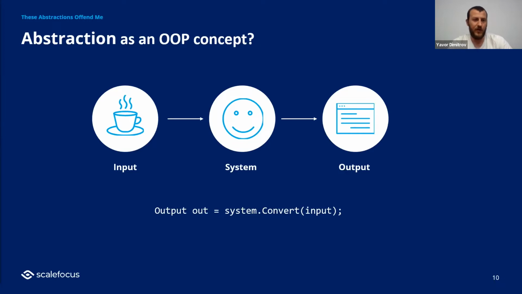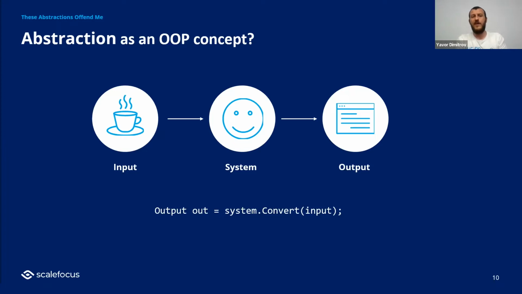So instead of calling the coffee a coffee, you wrap it in an object and call it input that can hold coffee within it, and instead of having developer that's called developer, you wrap it in an object called system, and of course your code wrapped in an object called output.